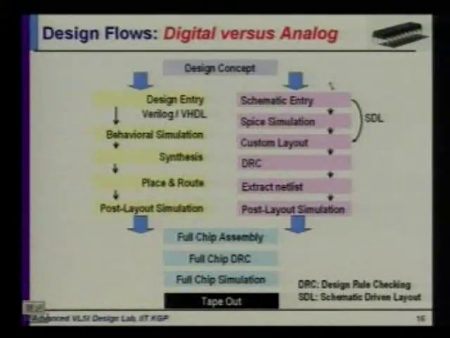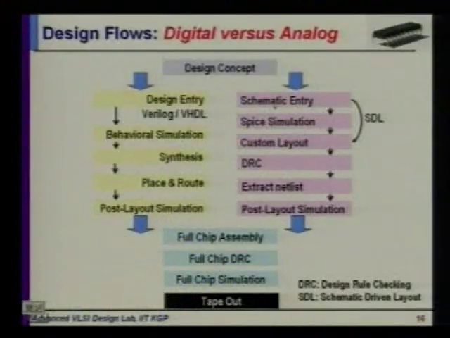Now that's where analog CAD is going to come up, and it is beginning to take shape in some of these steps. For example, analog design starts by using what is called a schematic editor. So you just go to a graphical editor and you start designing there. So you enter the schematic. Now the schematic could be drawn at the transistor level.